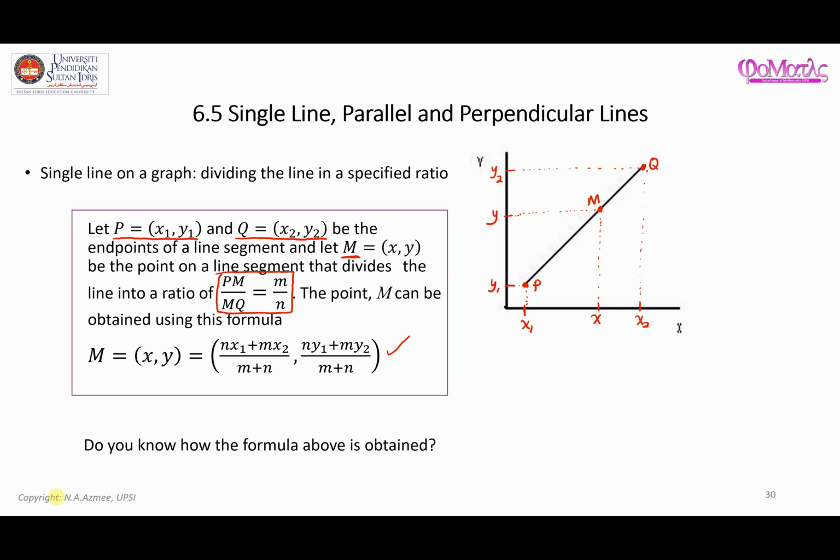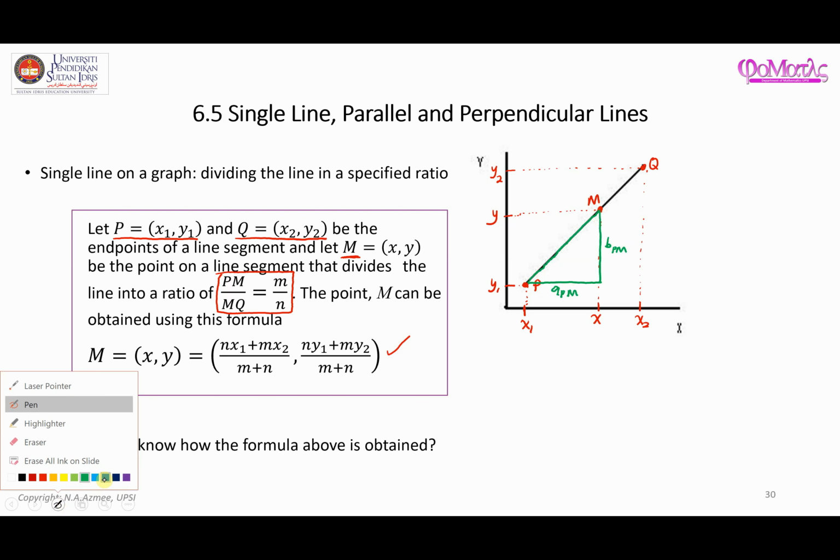Okay, next I will construct a right angle triangle. So this one is a right angle triangle which corresponds to the distance of PM. Therefore, I'm going to call this side here A for PM, and this side here B for PM.